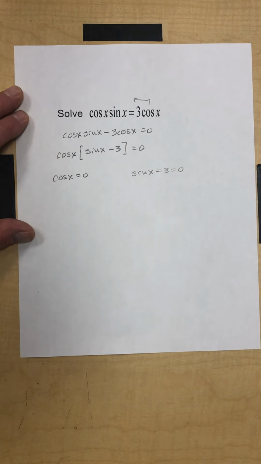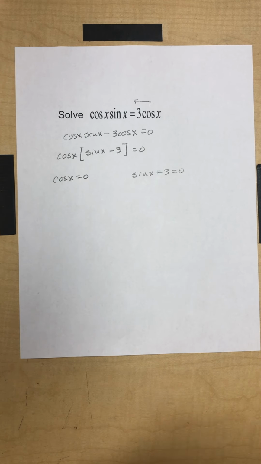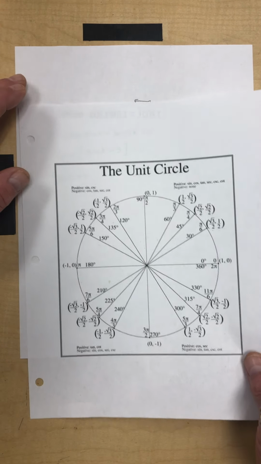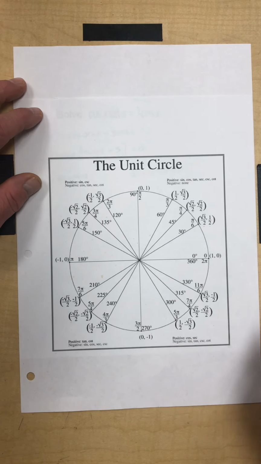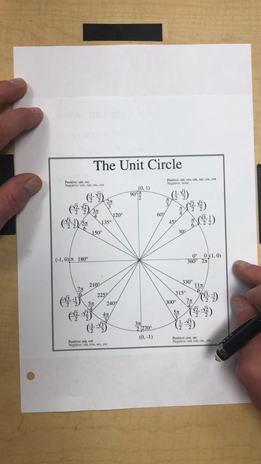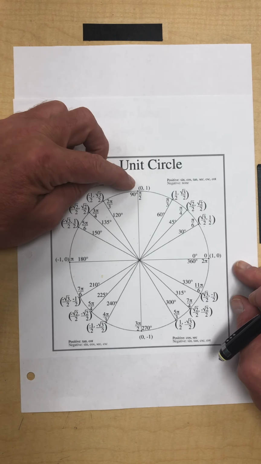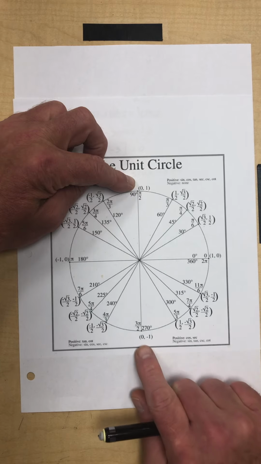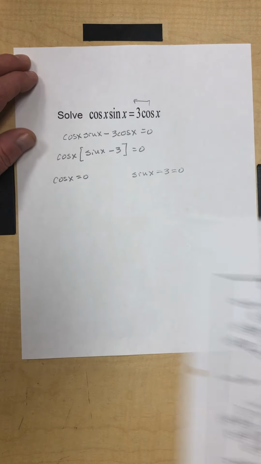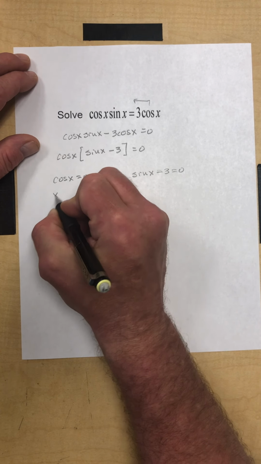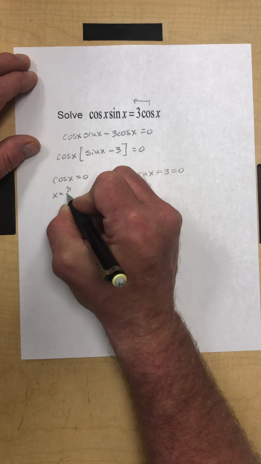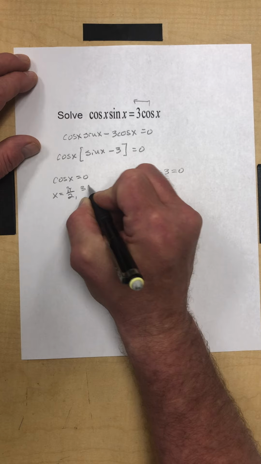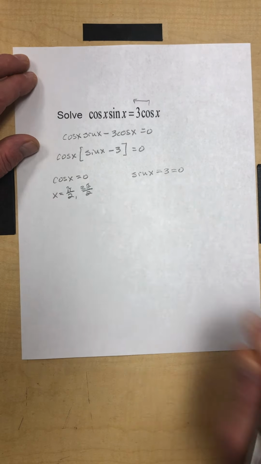So for this one, when cosine equals 0, cosine is our x coordinate. That's going to happen at pi over 2 and 3 pi over 2. Cosine will be 0. So right here we get pi over 2, 3 pi over 2.